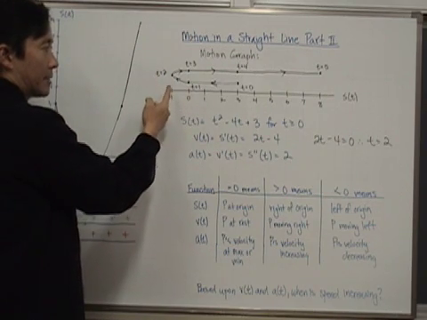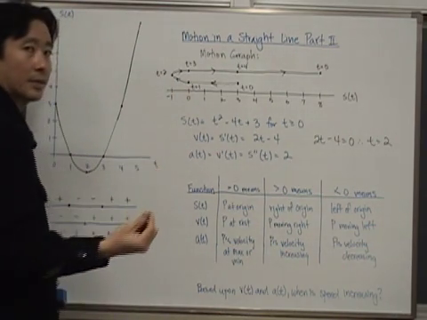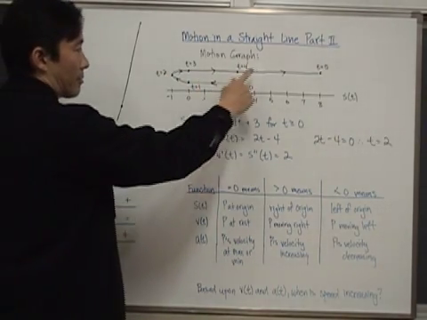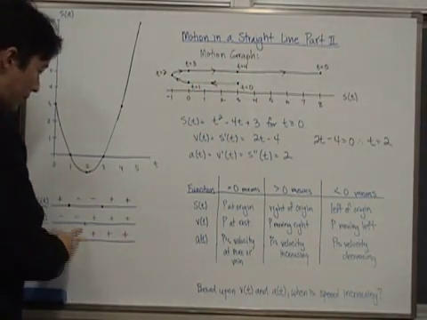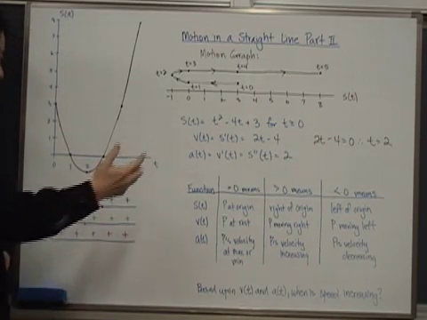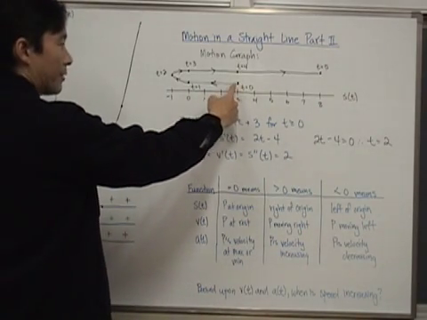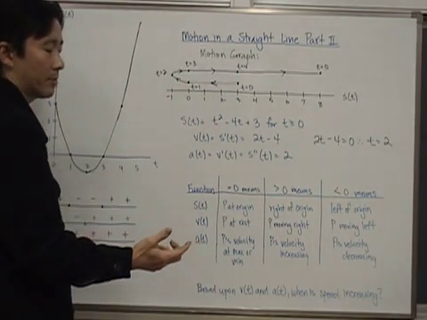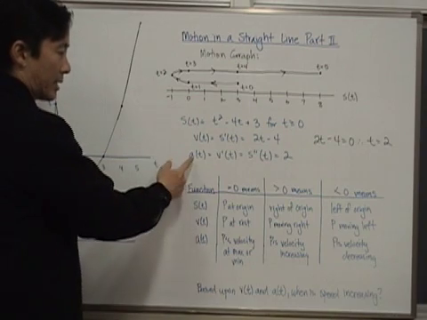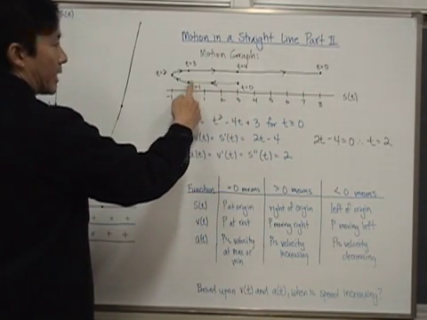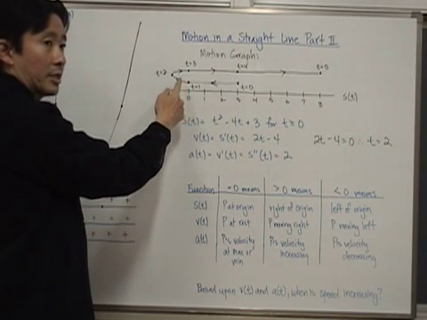And then after that, that positive acceleration is going to start moving the particle to the right and forcing the velocity to become positive. So even though the velocity is negative here and positive here, since there's always going to be a positive acceleration of a value of 2, the negative velocity is going to decrease.